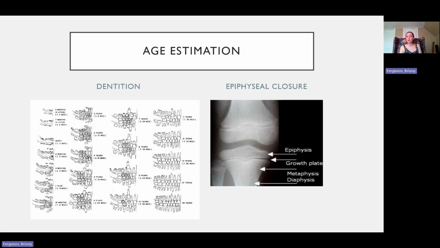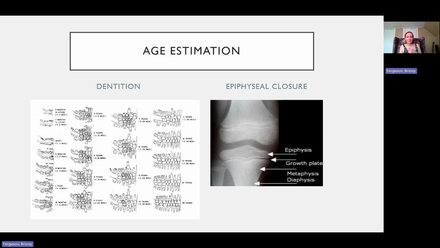So for age estimation, especially for subadults, we are going to focus on things like dentition and epiphyseal closures. Dentition is really good for providing an age that you can actually narrow down a little bit more for children. Why? It's a pretty predictable pattern on how your adult teeth are going to come in, and also around what age they are going to come in.